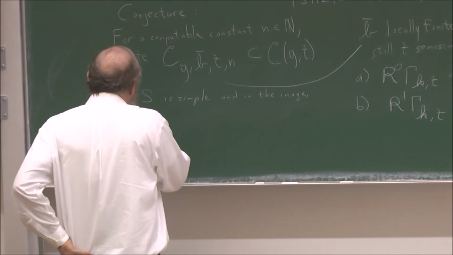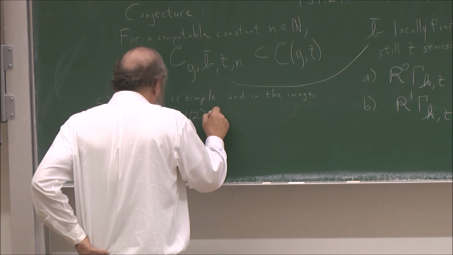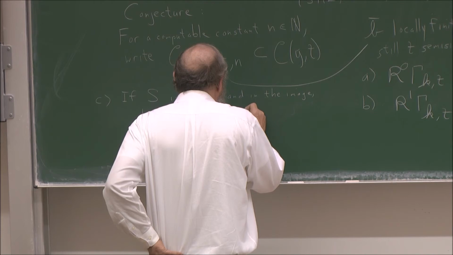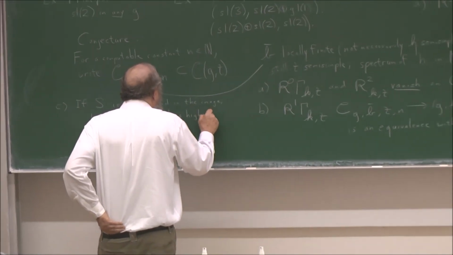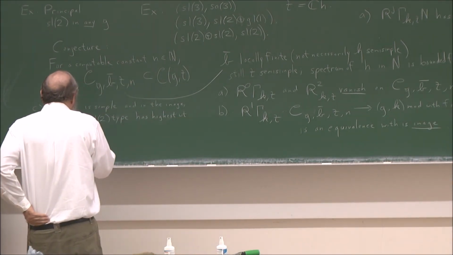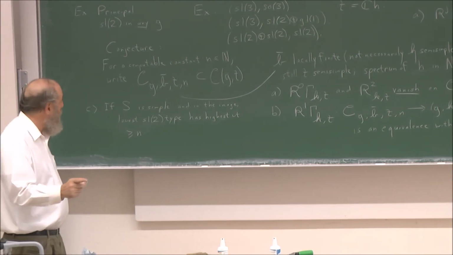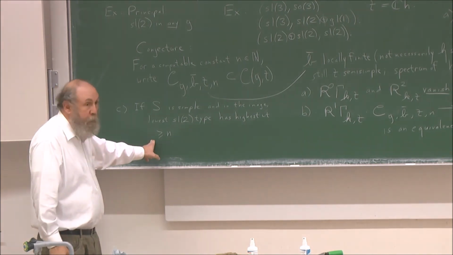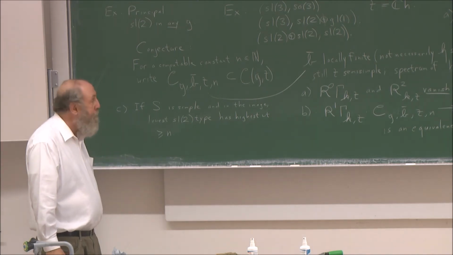Then the lowest SL2 type, I want to, and conversely, if S is simple and has lowest SL2 type greater than or equal to n, then it's in the image.